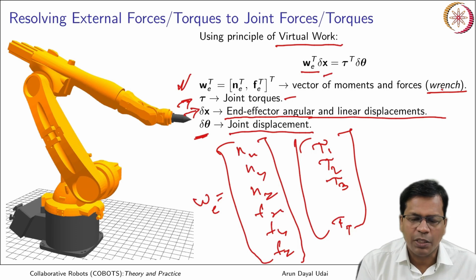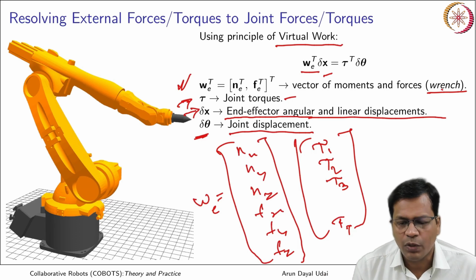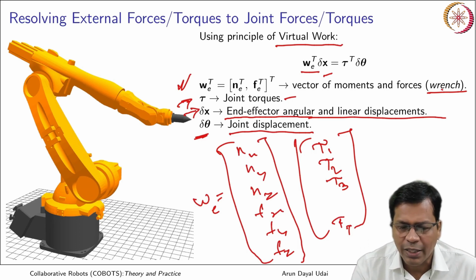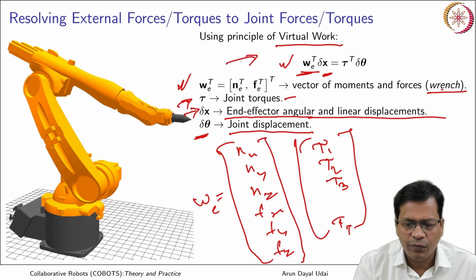Using the principle of virtual work, input work done should be equal to output work done. We have assumed infinitesimally small incremental displacements along the joint space and the task space. Delta X, the linear and angular displacement, times the wrench of moments and forces, the product of that is the work done at the end effector.